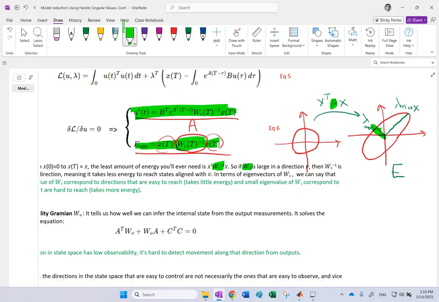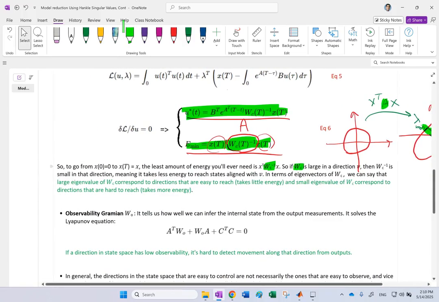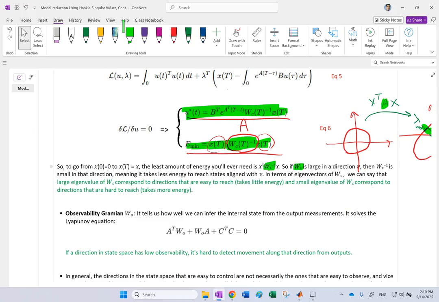So the minimum eigenvalue of WC inverse corresponds to the maximum eigenvalue of the WC itself, because you know that a matrix and its inverse, their eigenvalues are kind of opposite of each other, right? If WC in a direction has minimum eigenvalue, the WC inverse has a maximum eigenvalue in that direction, and so on.